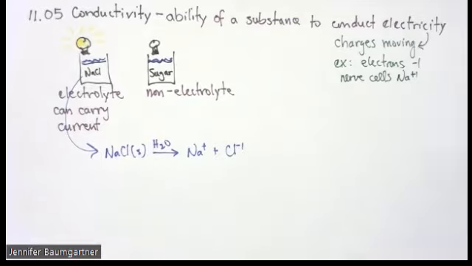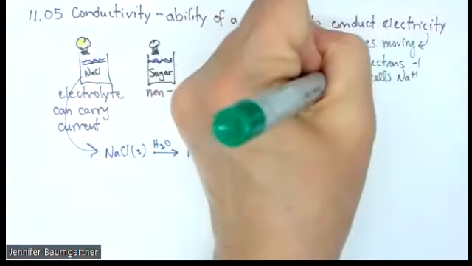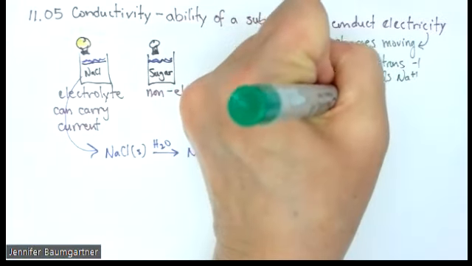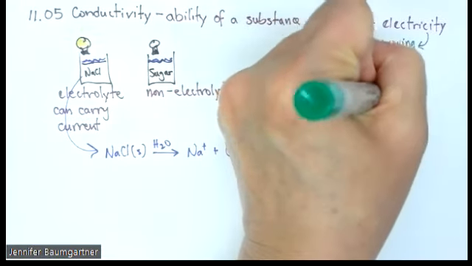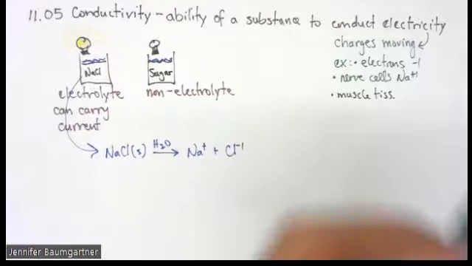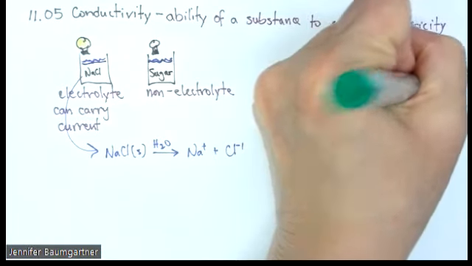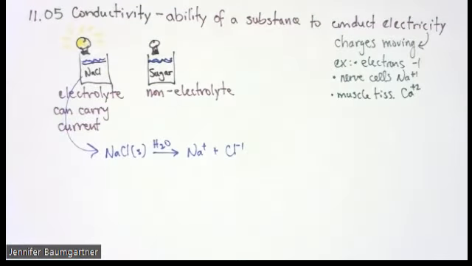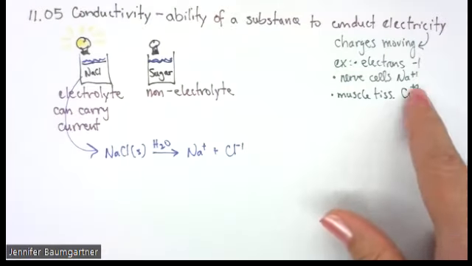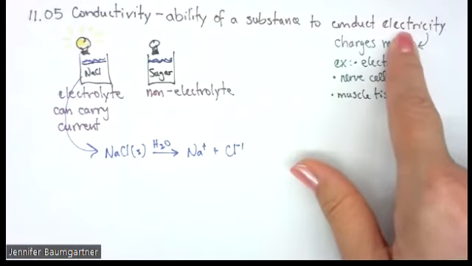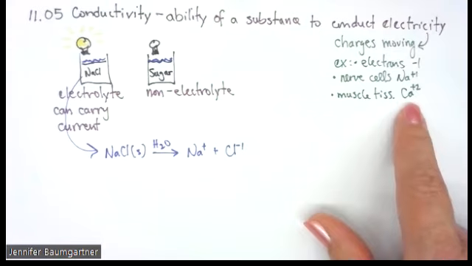In your muscle tissue, you get a flow of calcium, and that has a +2 charge. So it doesn't matter what the charge is. If it can flow, then it can conduct electricity, or it's considered electricity.